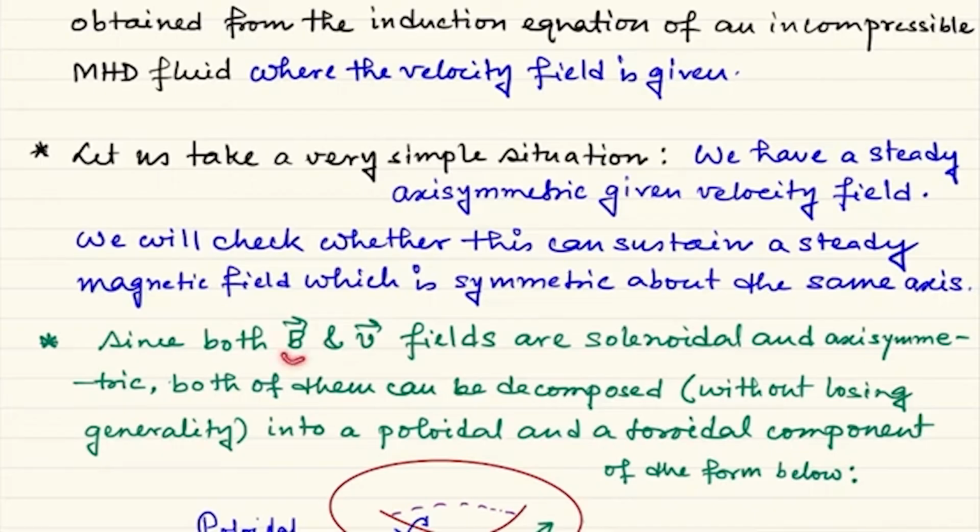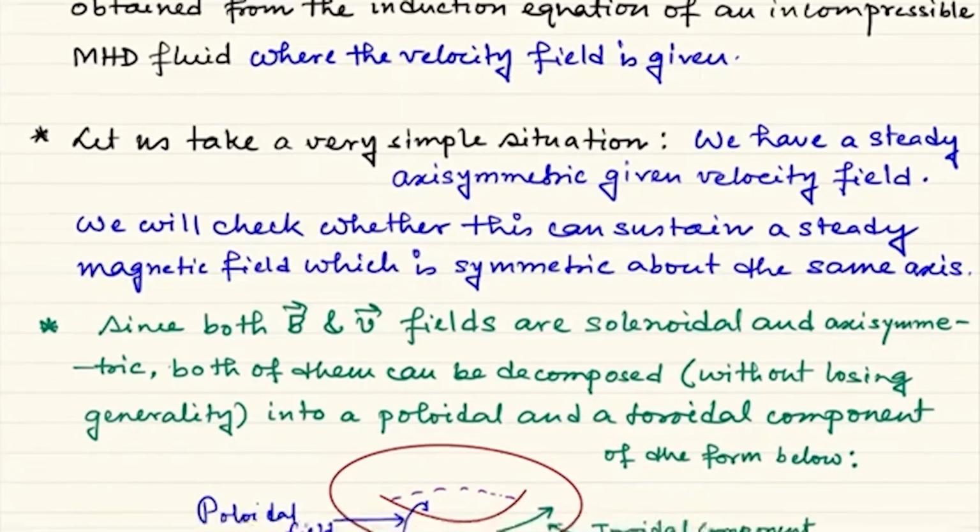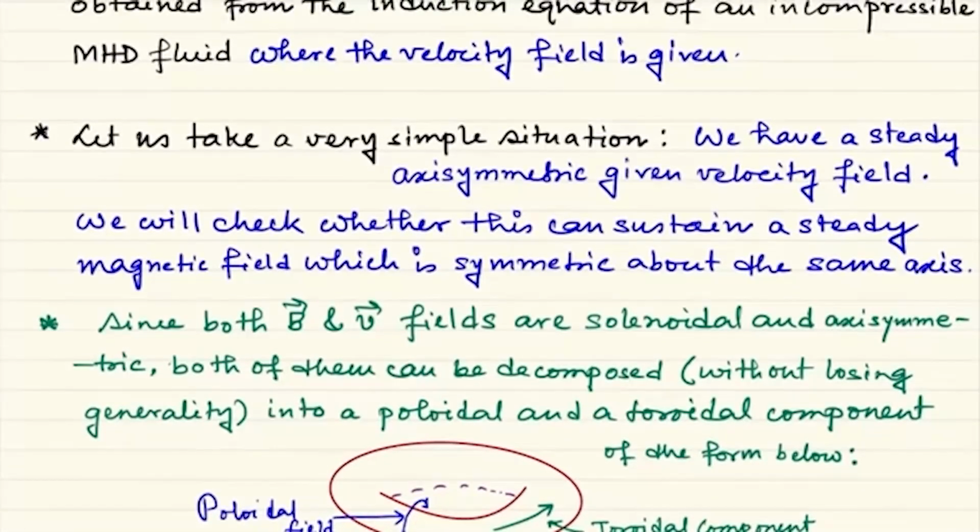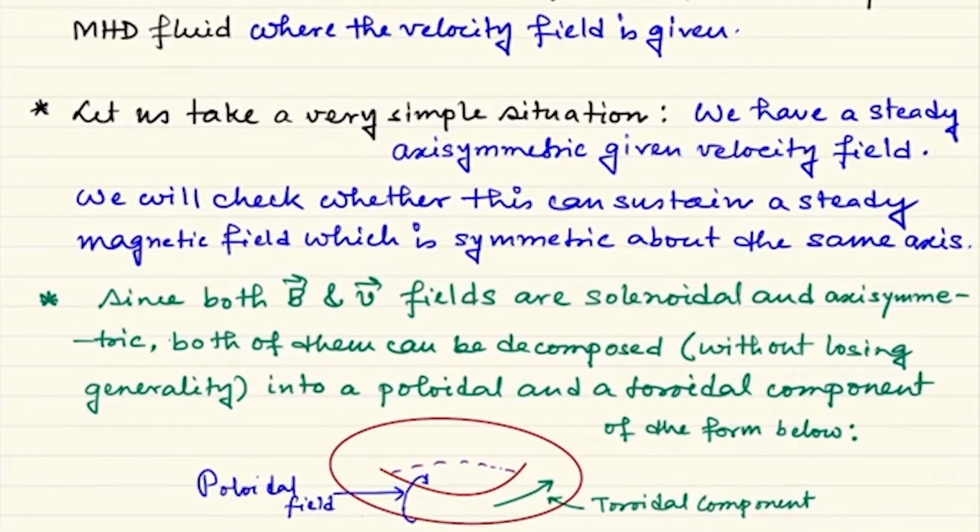Now any solenoidal vector field can be decomposed into a poloidal and a toroidal component, but since they are axisymmetric, these components have a specific form, and that comes from mathematical physics. One thing I have to tell you is what really a poloidal field and a toroidal field are.